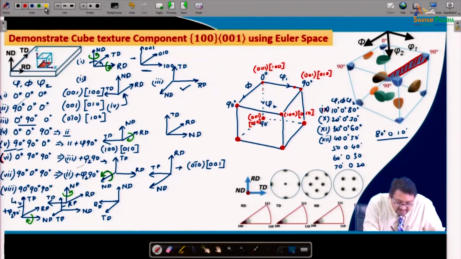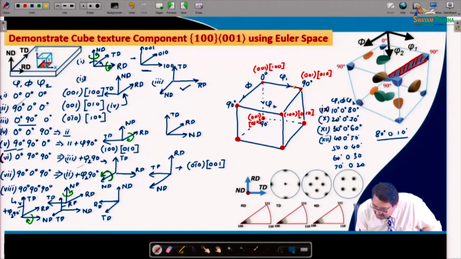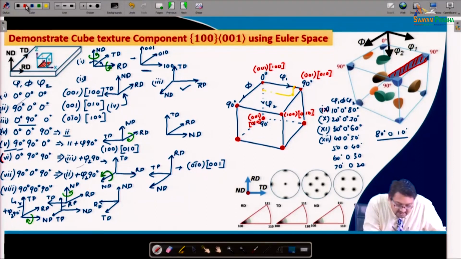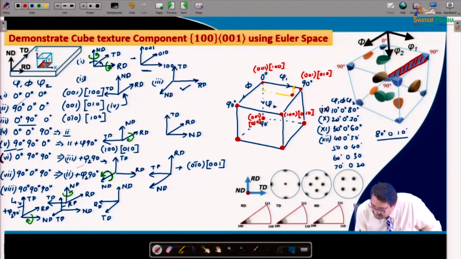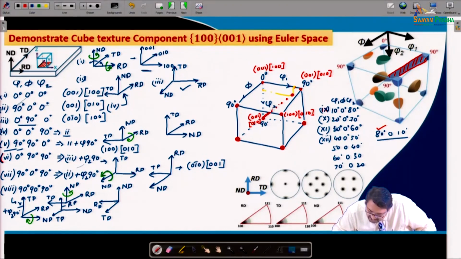So, let us use some other color. So, some one here, and then if we trace this point, we see that this is related to this component, right. Similarly, we can trace 70 20 somewhere here, 60 30 somewhere here, and then we can relate everything, and you see that basically it is forming a fiber here.